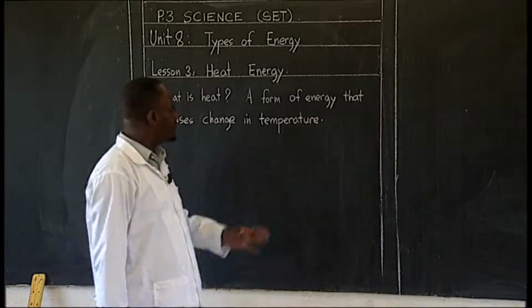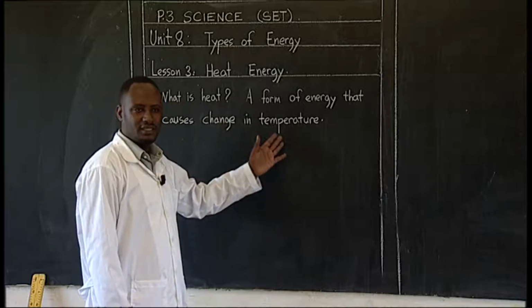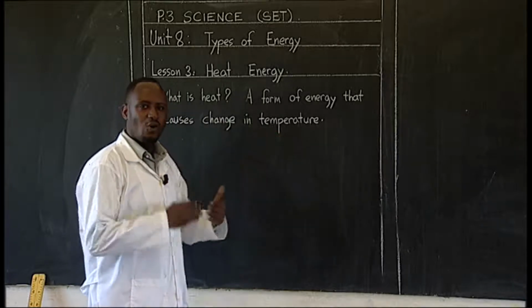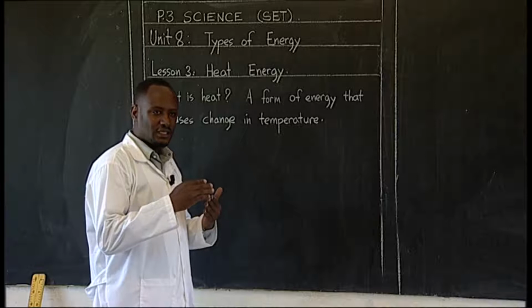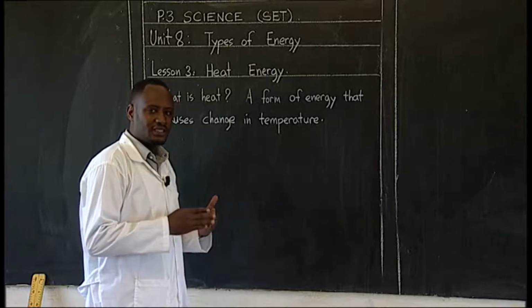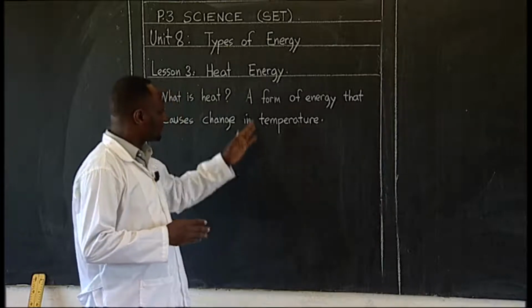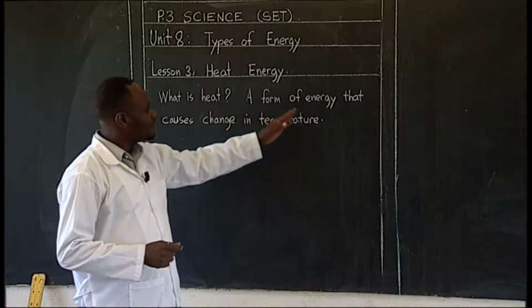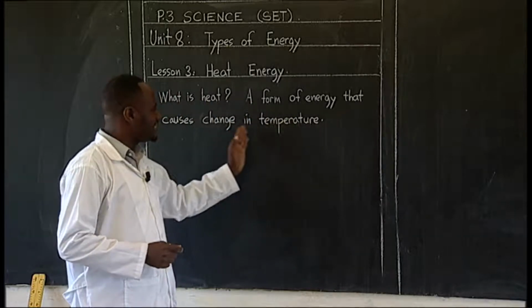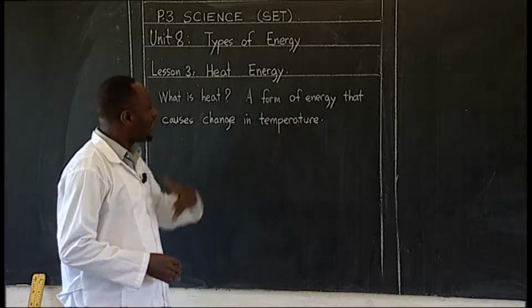Many people confuse heat and temperature, but temperature simply means how hot or cold an object is. So we are saying that heat is a form of energy that causes change in temperature of an object.